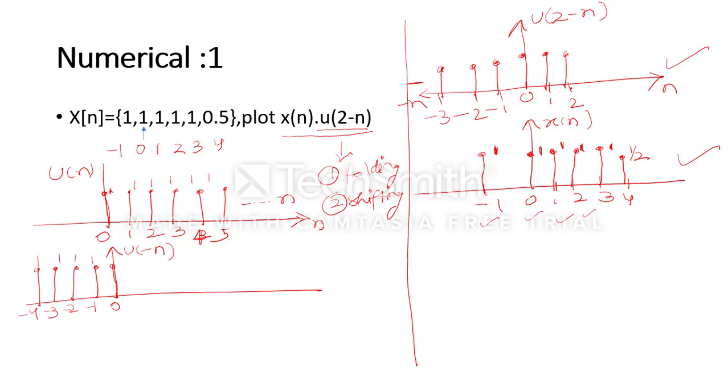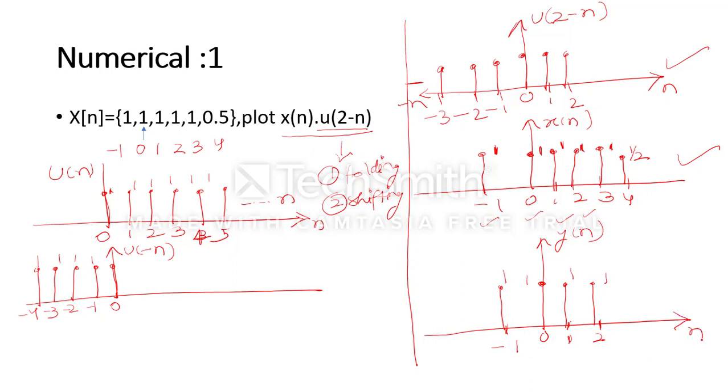That's why my final value, suppose I am calling it y[n], will become 1 at 0, at 1, at 2, at minus 1. All are 1 values. This will be my final answer.